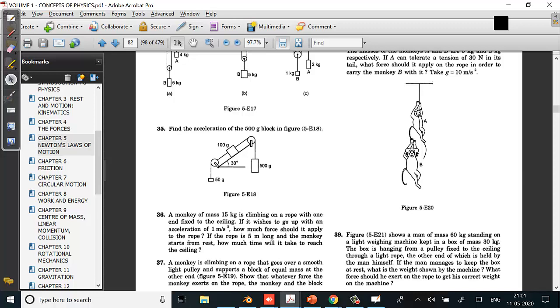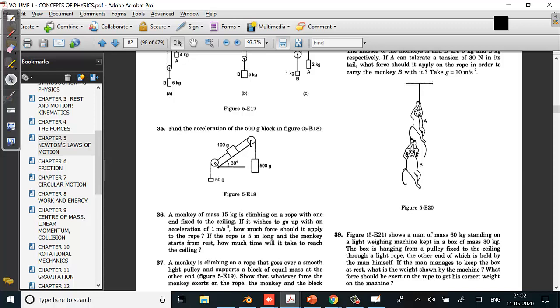So you solve this chapter fully, and then we'll proceed to friction. I want you to show me solutions of most of the questions by the next class. So work hard, and you need to work only for maybe the next 3 or 4 chapters.